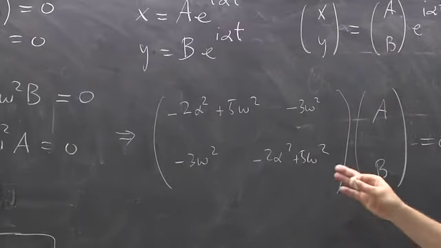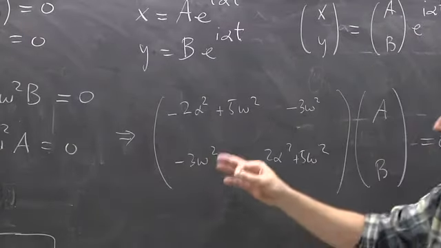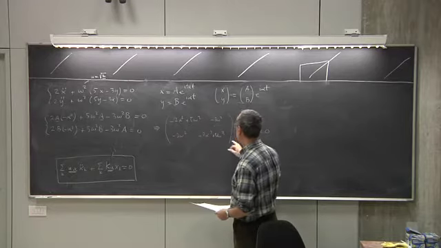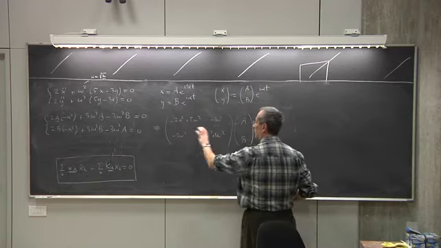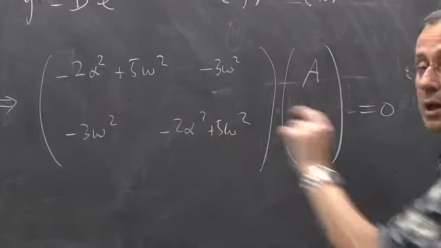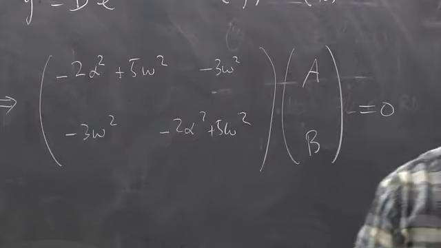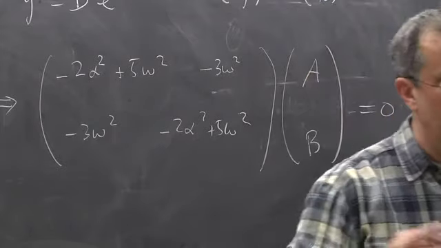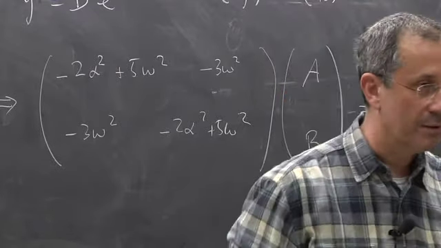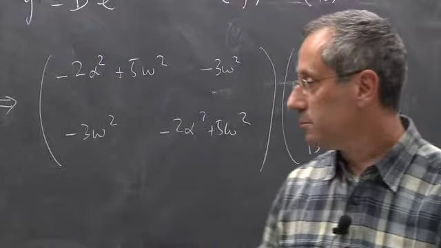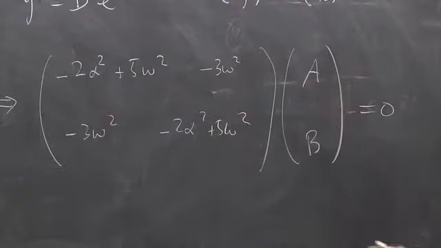So these two are completely equivalent. If I do the product of this matrix by this vector, I get exactly the first equation. If I do this by the same vector, I get the second equation. You remember how to multiply matrices. It's a weird thing, but that's the way you have to do it. And here you do the same, but this is just a one-dimensional matrix, also known as a vector.